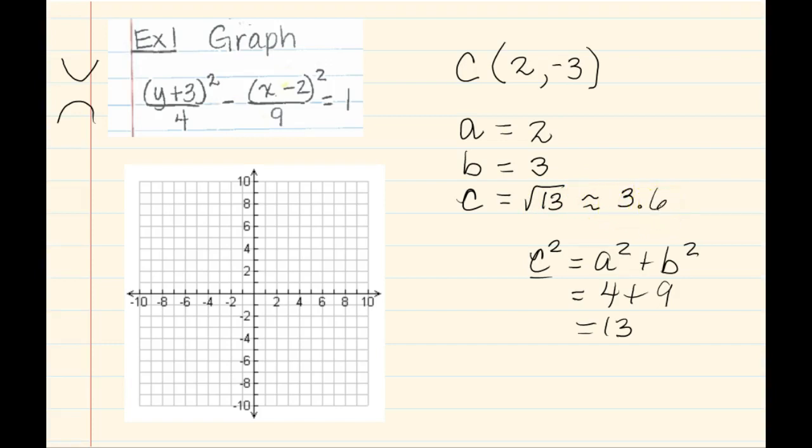I think we're ready to graph. One of the things we're going to start off with is our center. Our center is going to be at 2, -3, so that's going to be right here. I'm going to go ahead and label that as the center. Then we're going to go a, which is 2, in the up and down direction. So I'm going to go up 2 and down 2.